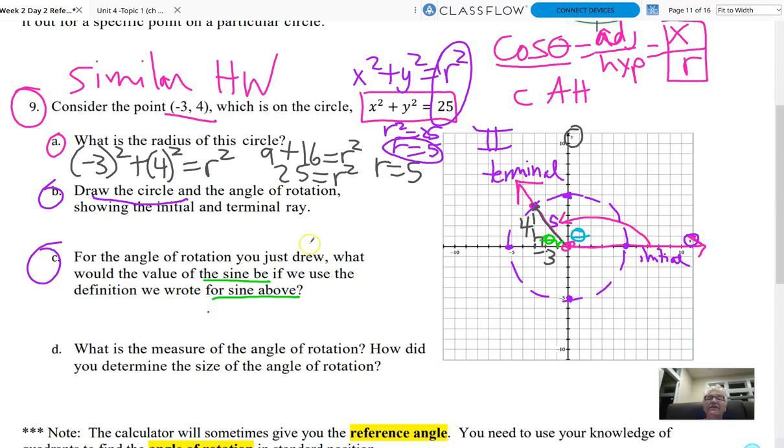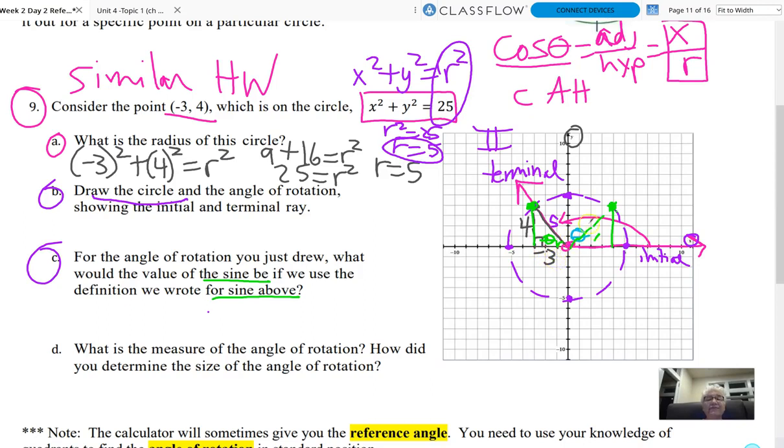Both the angle of rotation and the reference angle have the same sine value. Remember how we said they were at the same height on the circle? That means they have the same y value. If I drew a triangle here, this would be the same triangle, just rotated around the origin.